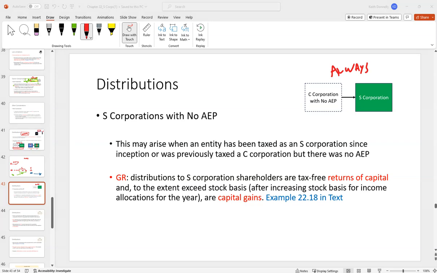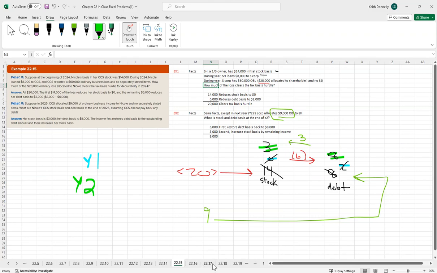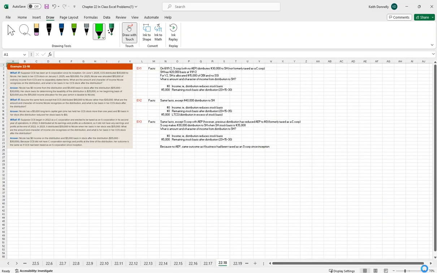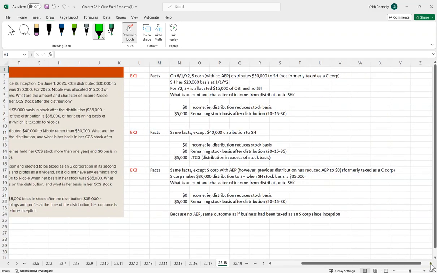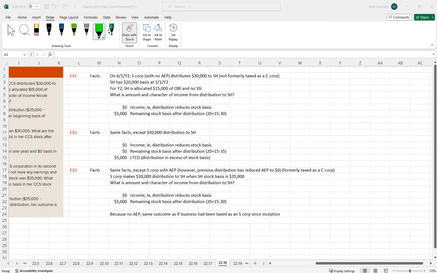So if we look at 2218, it looks like we had an S corp, there was no AEP, and it distributes $30,000 to a shareholder.